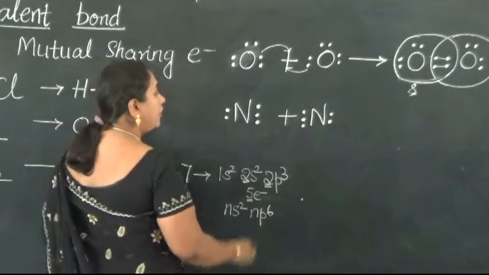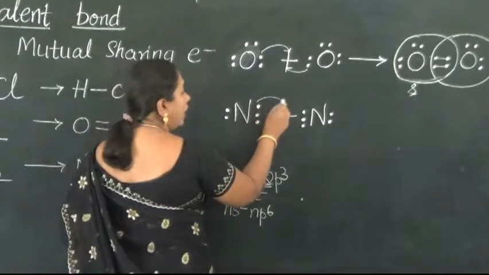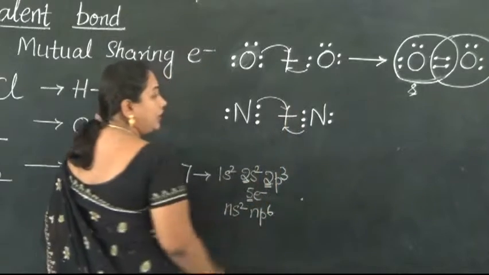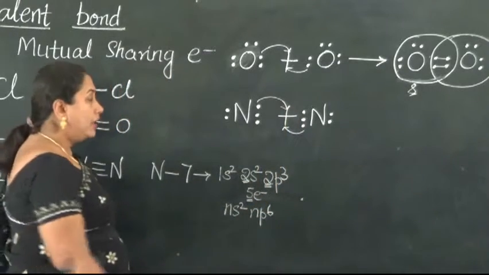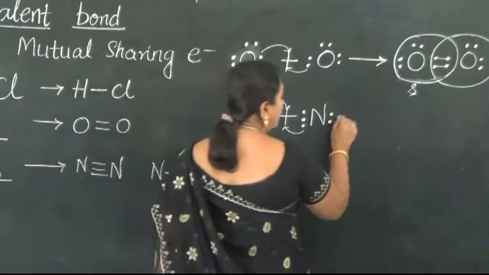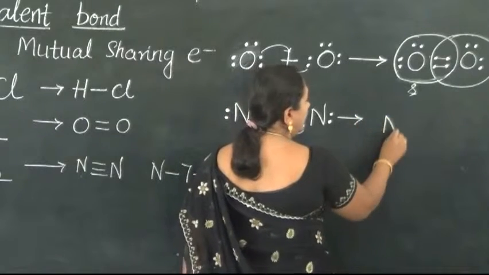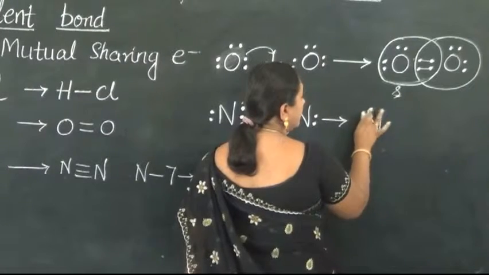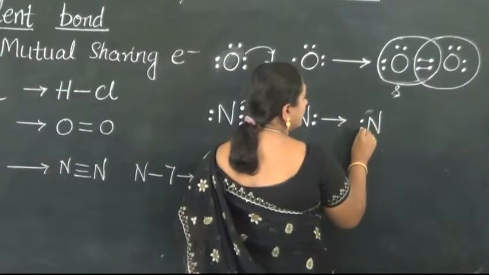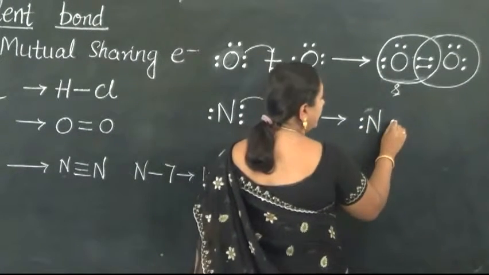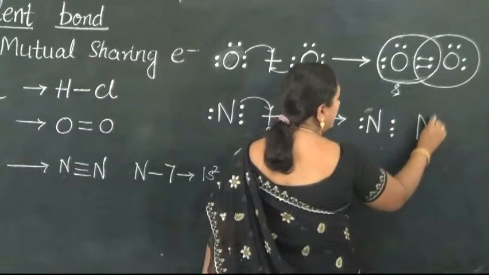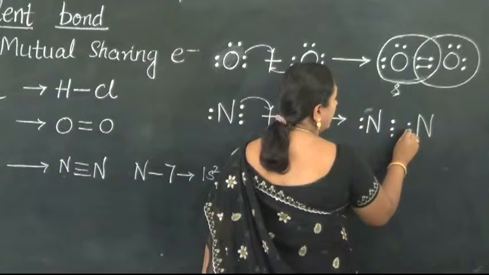So what do they do now? Each atom of nitrogen will donate 3 electrons to a common electron pool, and the donated electrons are shared among them mutually.